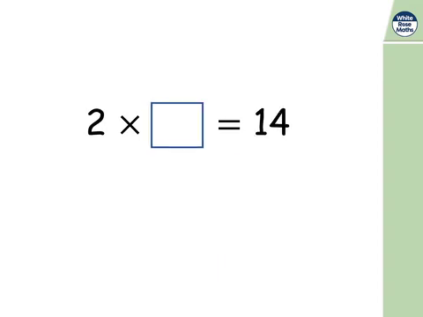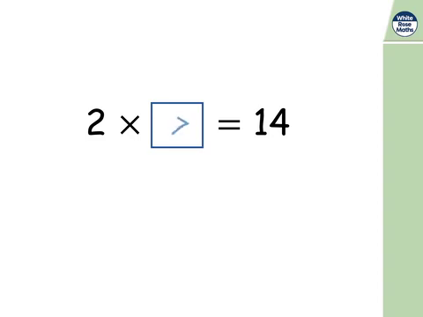Oh, the missing number's in the middle. How are we going to do this one? That's right, we can count up in twos to 14 and see how many jumps we do. 2, 4, 6, 8, 10, 12, 14.